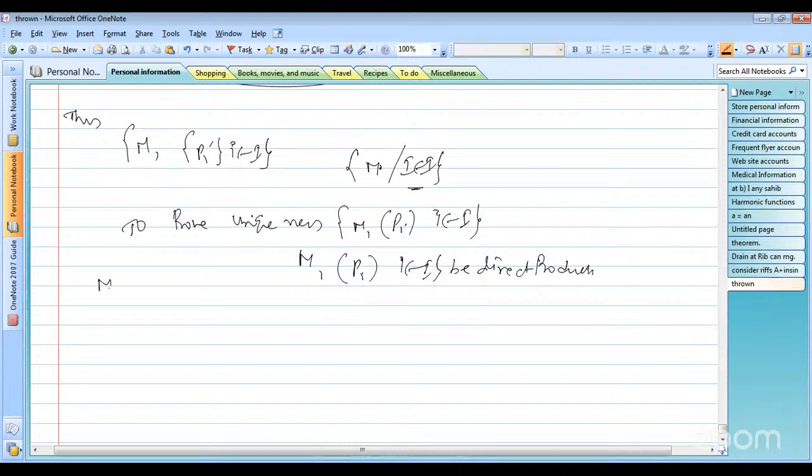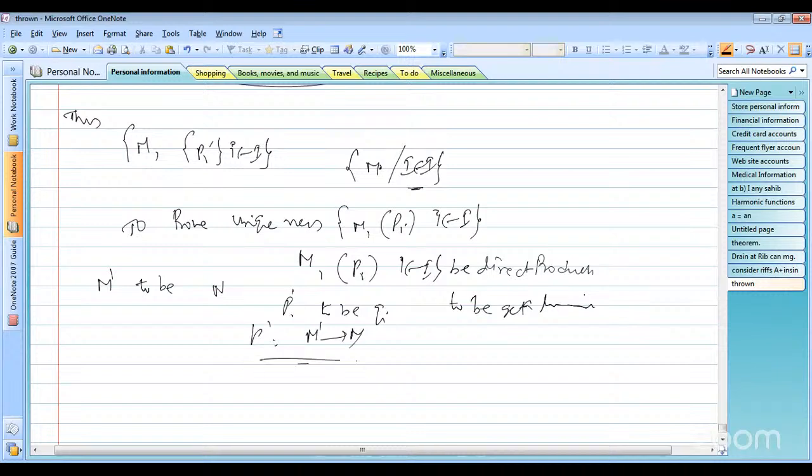So take M dash to be N, and pi dash to be q_i. To get a homomorphism we are taking here p dash equivalent to M dash.